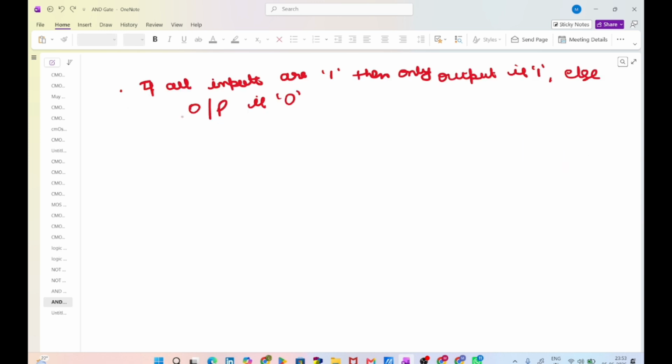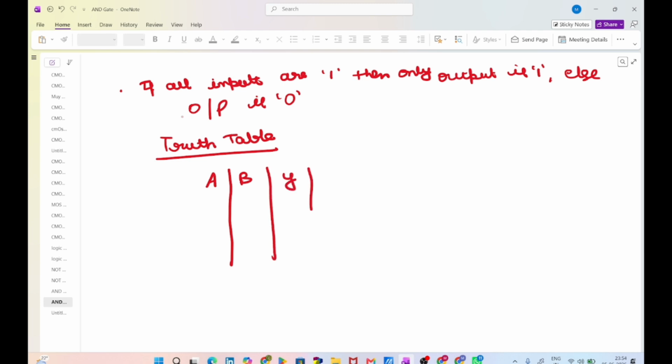Let us write the truth table here. A, B, Y. The input combinations are 00, 01, 10, 11.